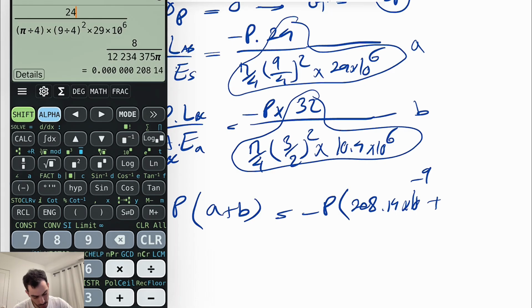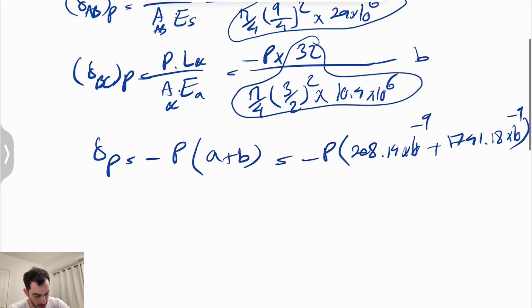The other one is very similar. So 32, this time 3 divided by 2, and this is 10.4. So 1741.18 times 10 to the minus 9.